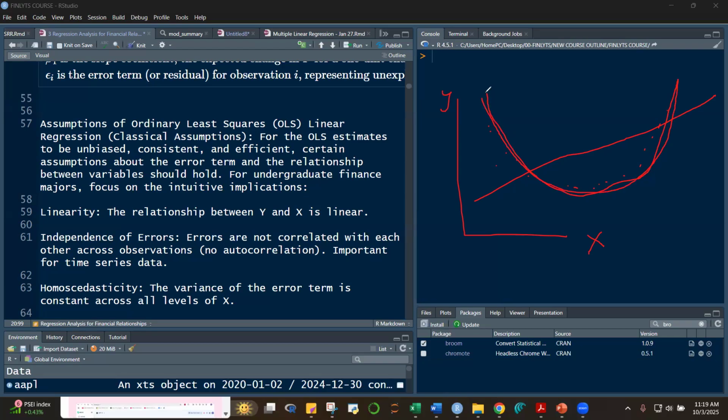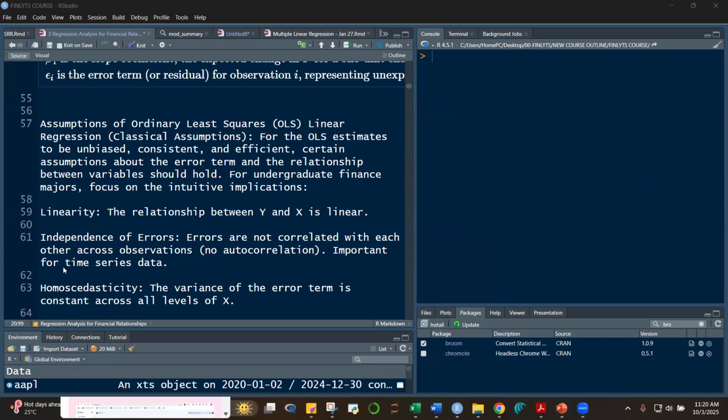So that's what we're saying here, linearity. If the relationship between y and x is not linear, or it could be polynomial, say the plot shows this way, then it doesn't make sense to do a linear regression model out of that. So that's the first condition, linearity.